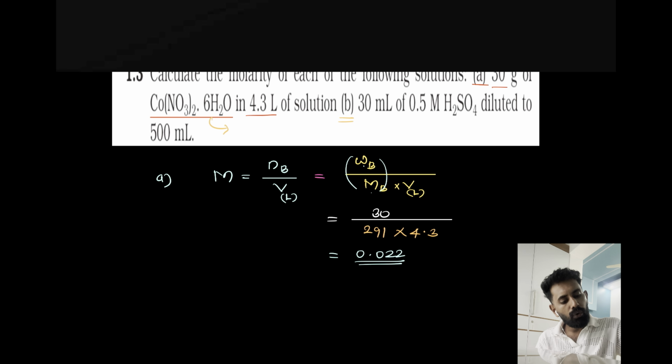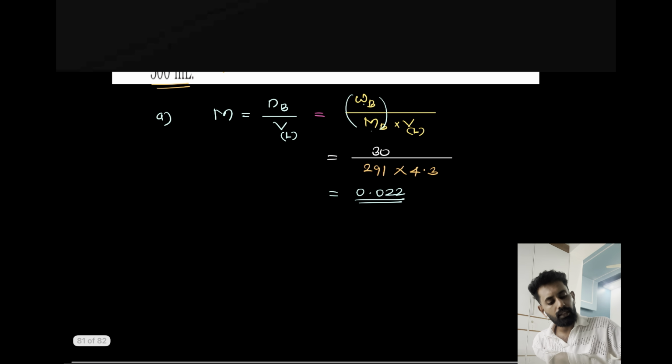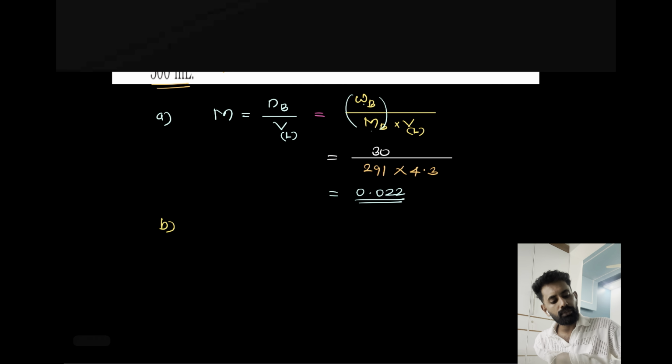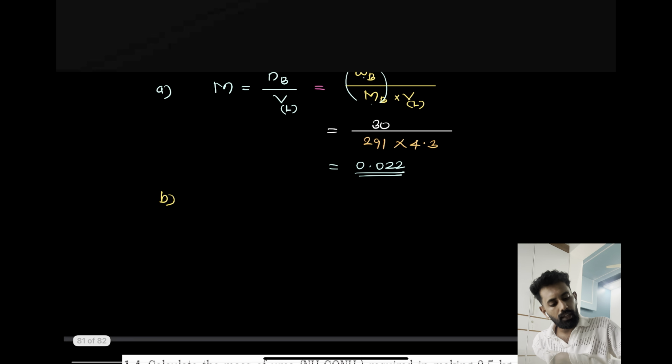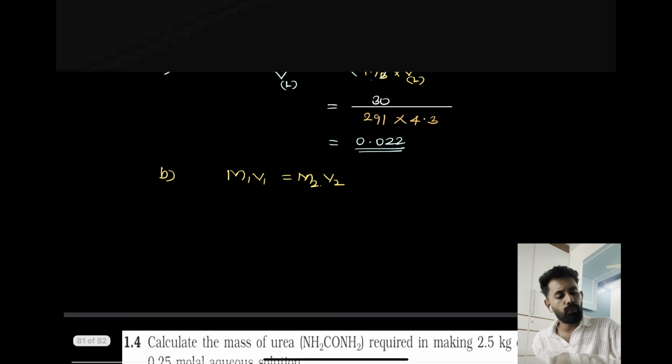30 ml of 0.5 molar H2SO4 solution is diluted to 500 ml. So in that case, it is dilution. So you can easily use the dilution equation, that is M1 V1 equal to M2 V2. Here M1 is the initial molarity and V1 is the initial volume, M2 is the final molarity and V2 is the final volume.